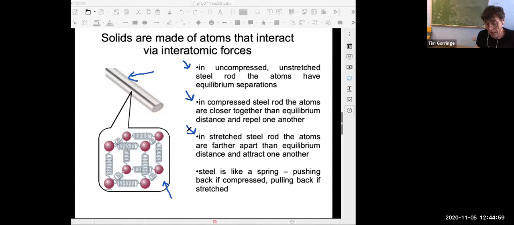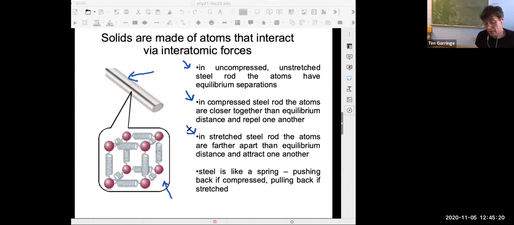And so as I try and pull or stretch the steel rod, it's pulling back because inside the steel rod, I'm trying to pull apart the atoms and molecules of the steel rod, and they're pulling back towards their natural equilibrium separation. They're attracting one another.